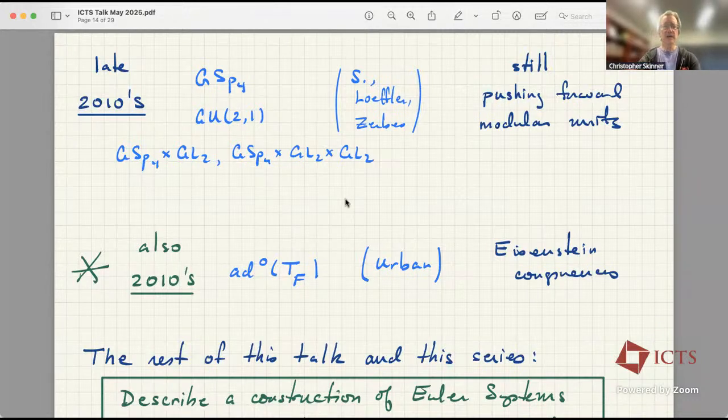This is not completely comprehensive. Also in the 2010s, Eric Urban was making some very interesting constructions with Eisenstein congruences that led to Euler systems in various settings, among which was the adjoint L-function of a modular form.